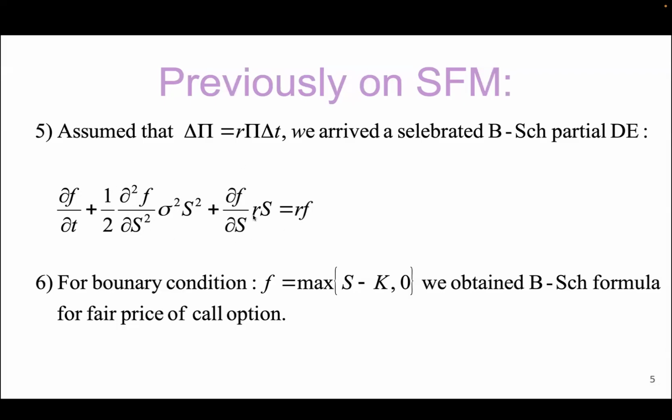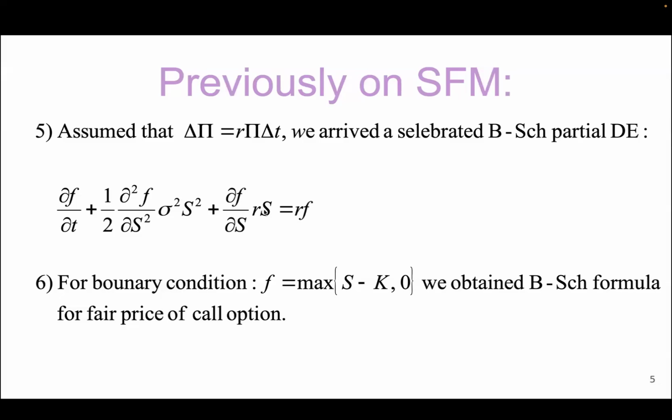Okay. So now we assumed that the change of this portfolio from the previous slide is proportional to the value of the portfolio times r at delta t, and we obtained this celebrated Black-Scholes partial differential equation. It's material of the previous lecture too. You see that it is just a differential equation, not stochastic.